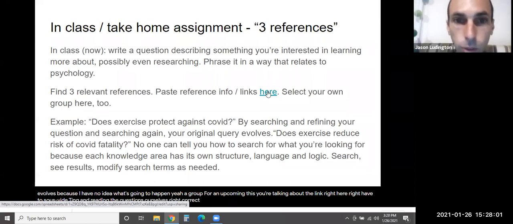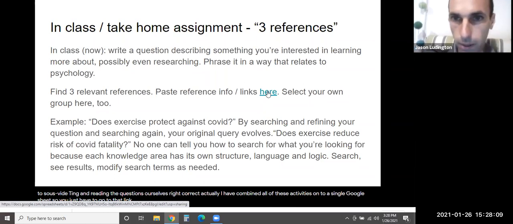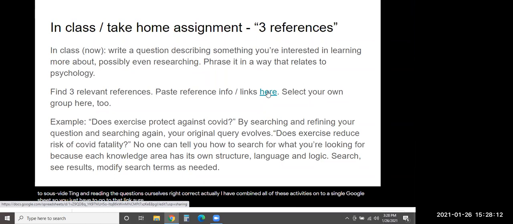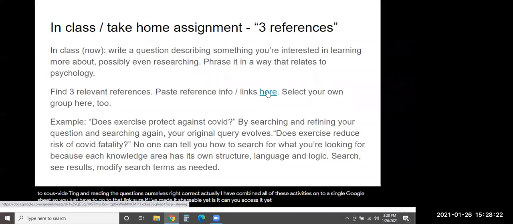Correct. Actually, I have combined all of these activities onto a single Google Sheet. So you just have to go to that link. I'm not sure if I've made it shareable yet. Can you access it yet? Yeah, we can. Great.